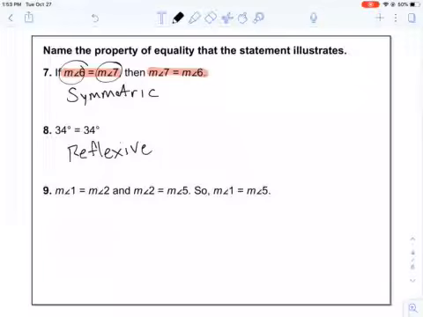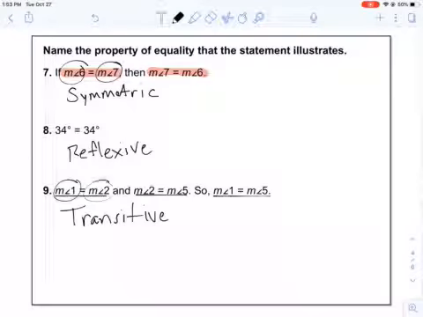And the last one, this is equal to that, and that is equal to those, so this is equal to those. That would be transitive. You could also look at how many unique things: 1, 2, 3. So transitive. There you go. Now we just need to be able to identify it today. We'll learn how to use it in a different video. But today I'm just asking that you can look at it and tell me what property it is.